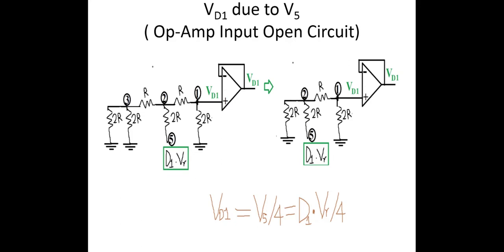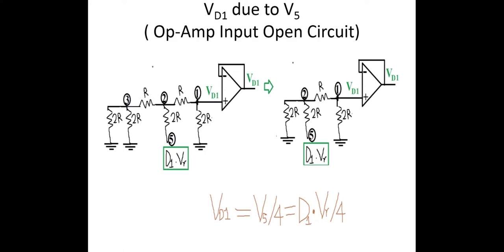Then we proceed to bit D1, which controls the voltage V5, and we have to find VD1 resulting from V5.